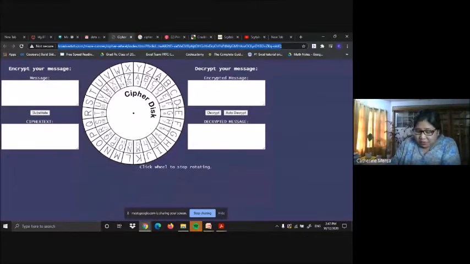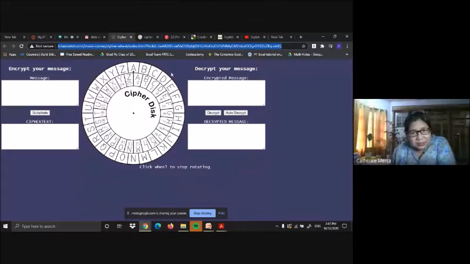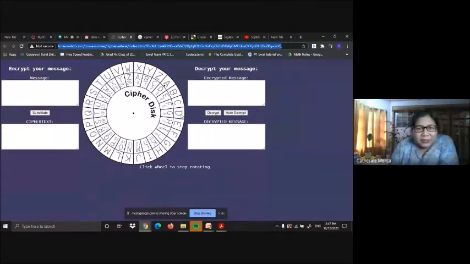A is to D, because it's 3. A is to D, correct? Move it, not enough yet. A is to D. Now it's right. So when you encrypt secret, what will it become? S is to V. So the S in secret becomes V. Next is E. What is E?